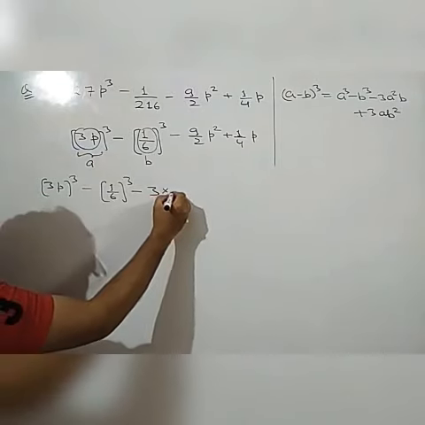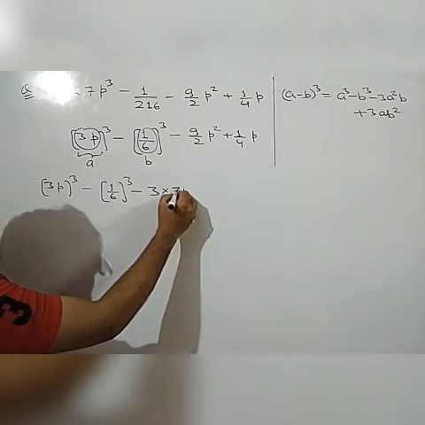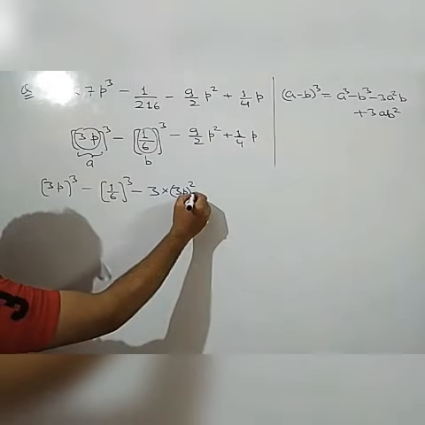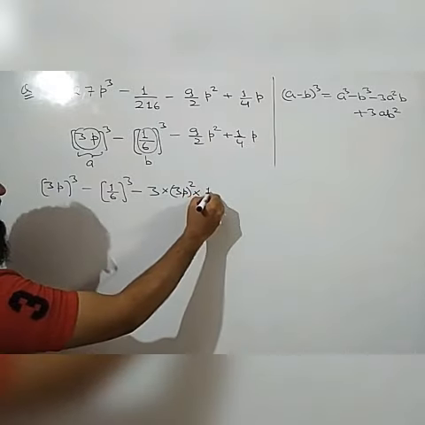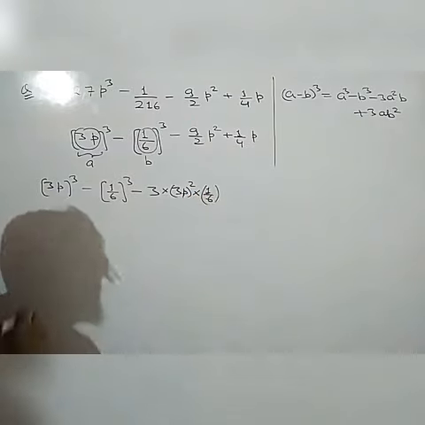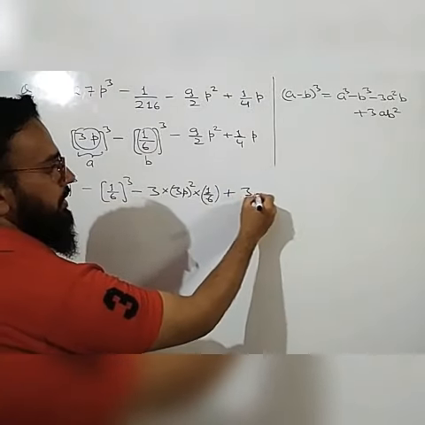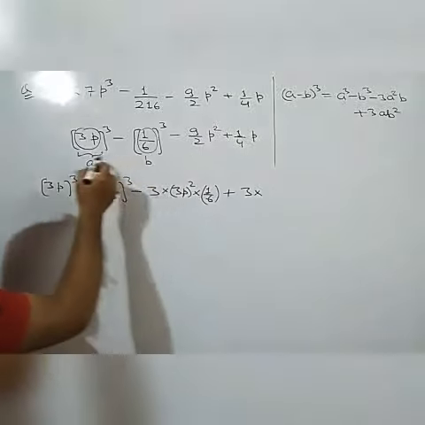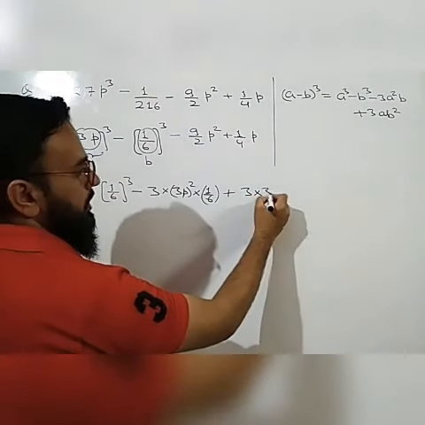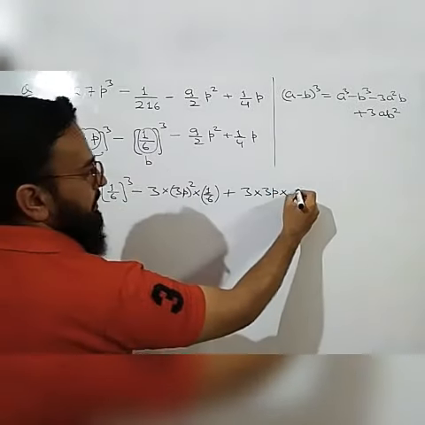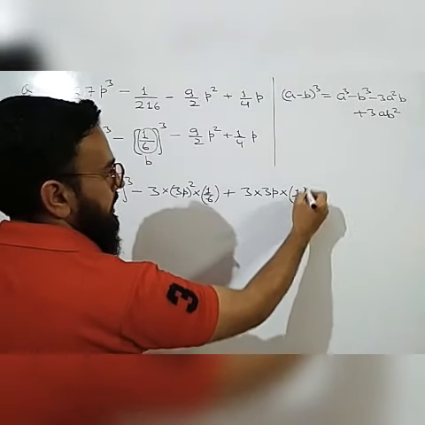So it will be 3 into 3p whole square, that is 3a square into b. So what is the value of b? It is 1 by 6. And the last term is plus 3 into a, and what is the value of a? It is again 3p. So 3 into 3p into b square, and what is the value of b? It is 1 by 6 whole square.